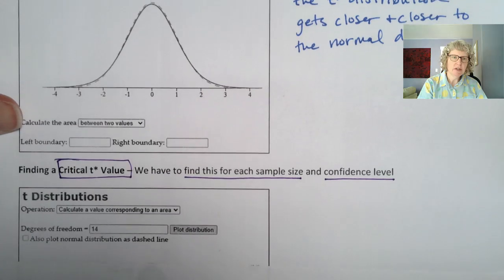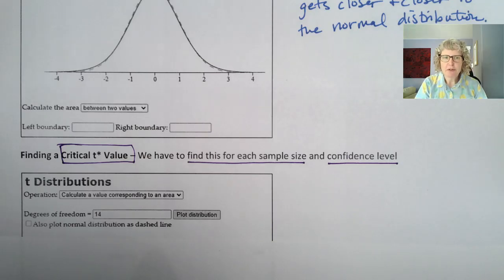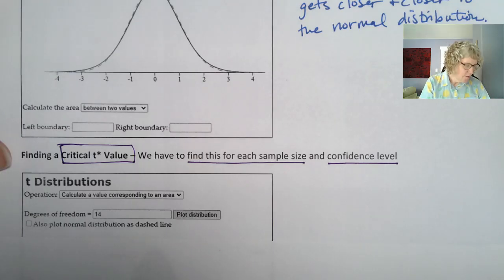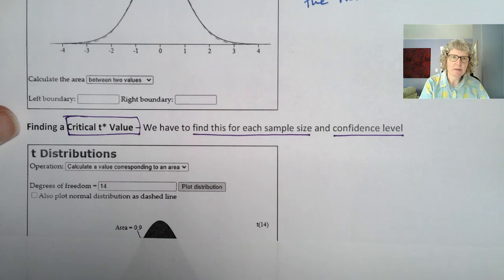Because the input is the degrees of freedom, there's no way we can make a list for every single degrees of freedom and every single confidence level. So we're going to get a lot of practice finding these critical t-stars. You've done it once with proportions, or maybe even more than once. So let's go through the steps for that.